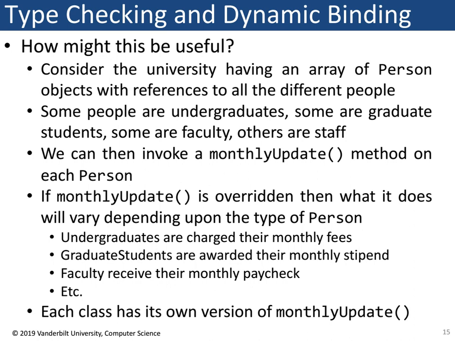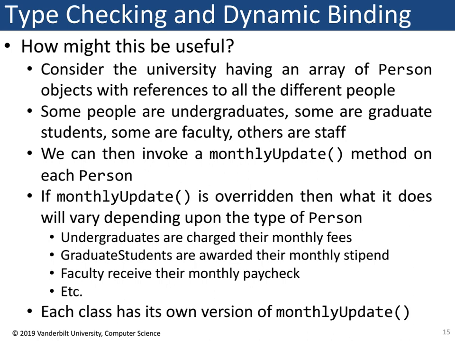Then when we call monthly update on each of the individual people in our person array, the actual actions taken, the behavior of that method, will be different, even though the code is very simple.